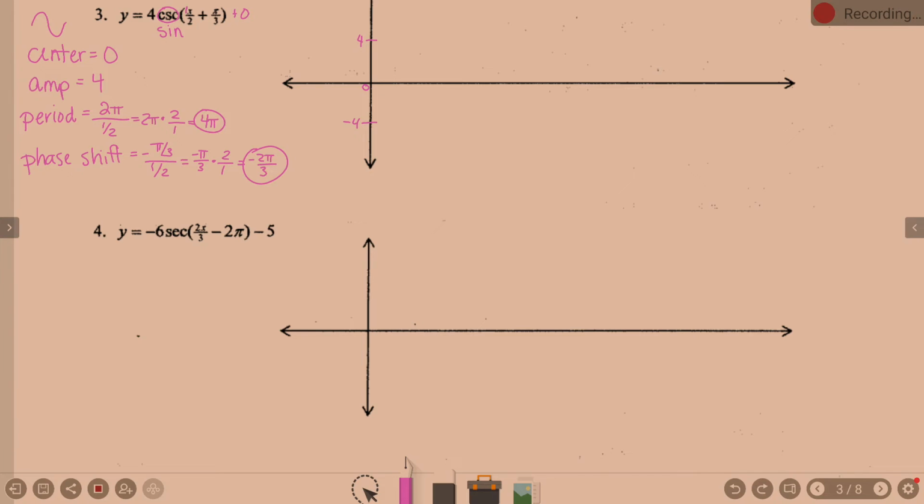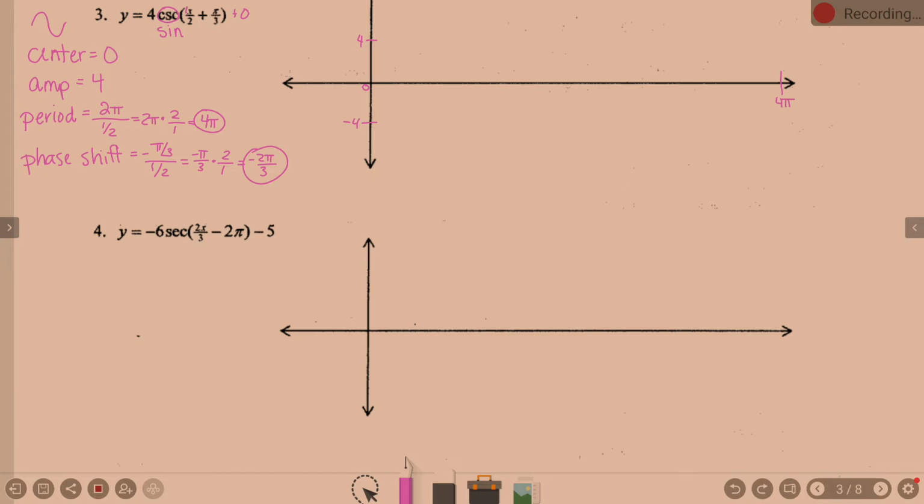Okay. Now, I'm going to start with the fact that my period is 4 pi. I'm going to use the entire length here and call this 4 pi. I'm using the entire length because I've already looked ahead and realized my phase shift is left, so I don't need to be able to go any farther right than 4 pi. I don't want to talk thirds yet, because I need to just get where my whole pi's are.